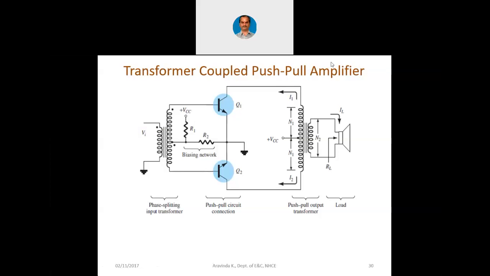Let me write it clearly. This is the symbol for oscillator. So there is an oscillator here that is going to give an AC signal.